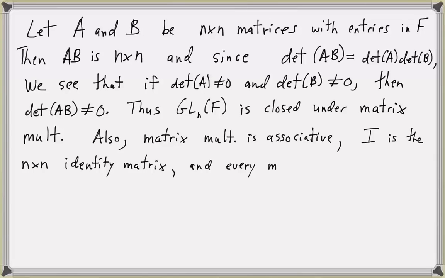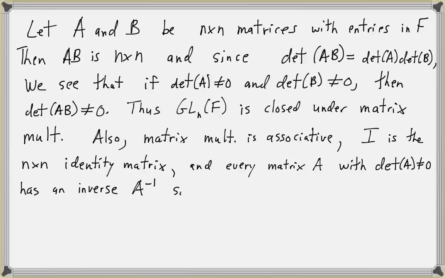So every matrix A with non-zero determinant has an inverse matrix A inverse such that A times A inverse equals A inverse times A, which equals the identity matrix. So thus, the general linear group is a group.